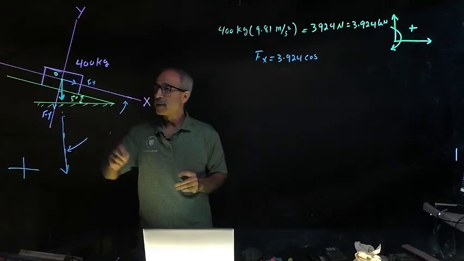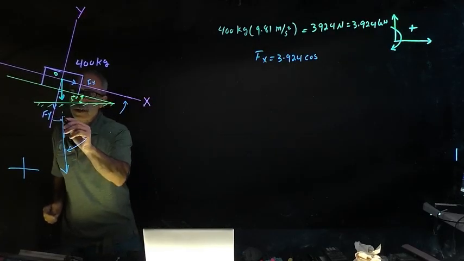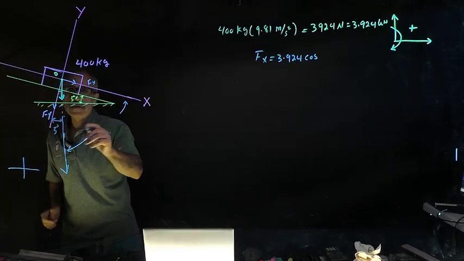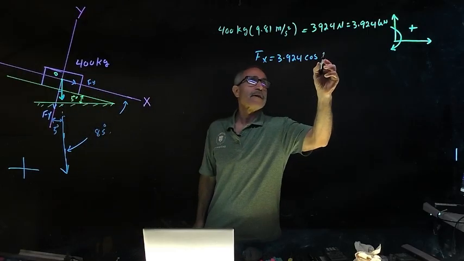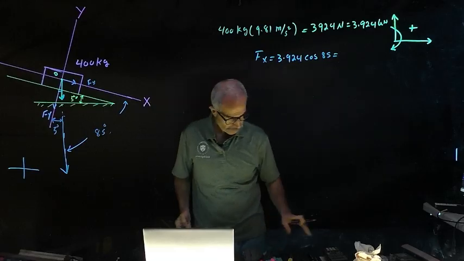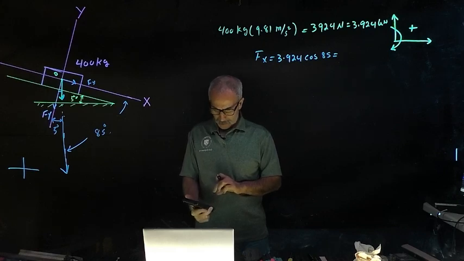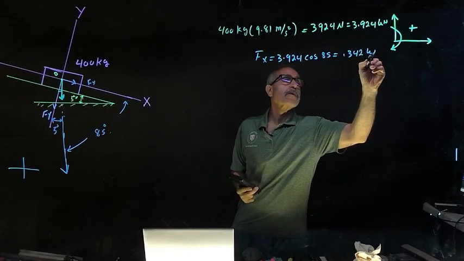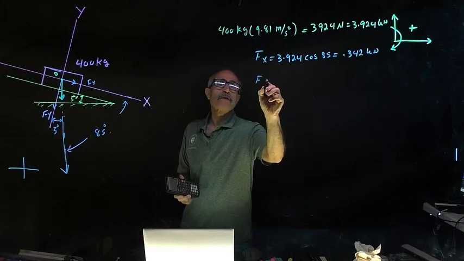And the angle, because this is 5 degrees, this will also be 5 degrees right here, and 90 minus 5 is going to be 85 degrees. So we're going to say cosine 85, kilonewton.